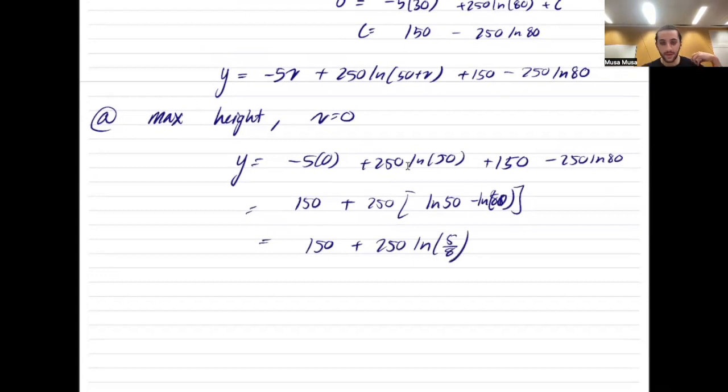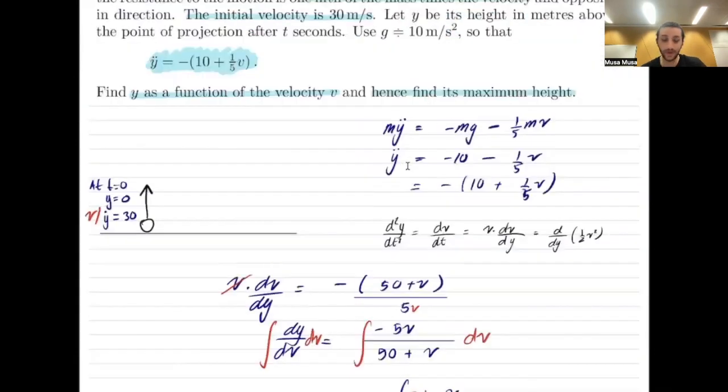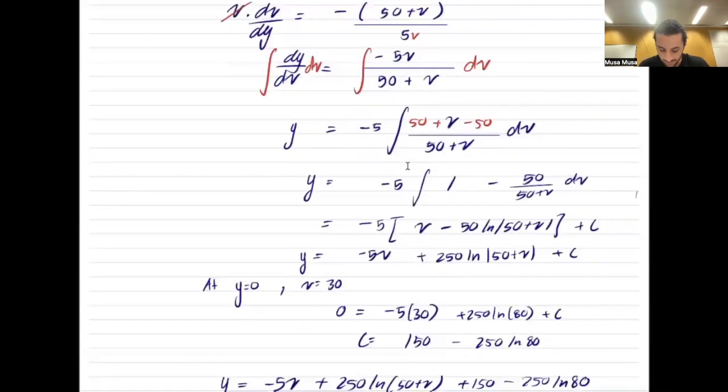And then this is some number. If I chuck this in, 150 plus 250 ln of 5/8, it's about 32.5 meters. There you go. Nice. So that's an example of an upwards journey. I hope that makes sense.